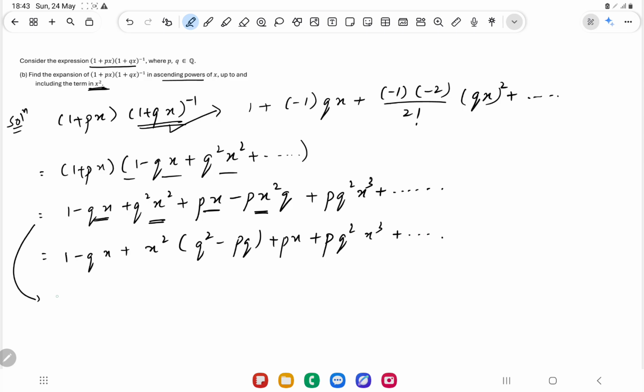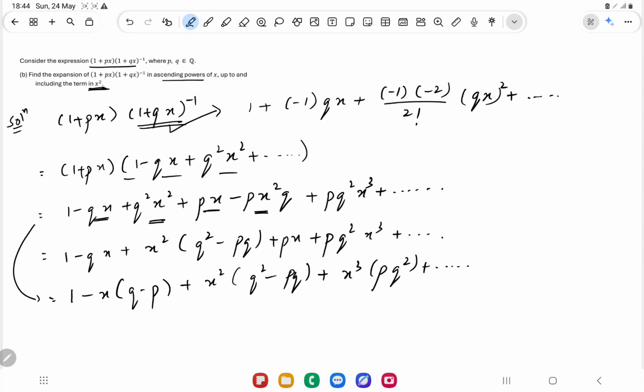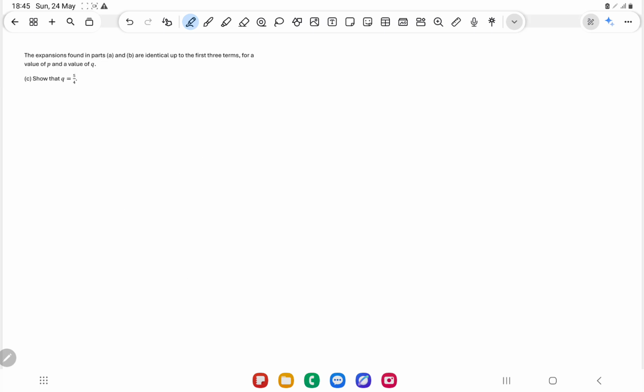So from this you can directly write 1 plus x as it is, q minus p, plus x square as it is, q square minus pq, plus x cube multiplied by px square. So these are my terms, and it says up to x square, so I can write this as my final answer. Now we can move to the next part.